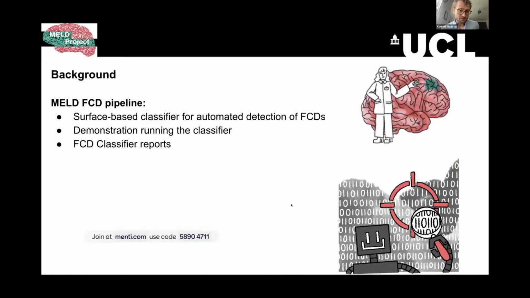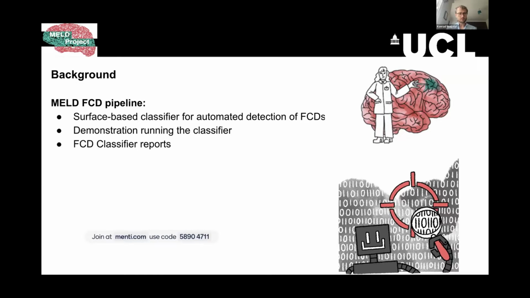So just in terms of what we're doing today, I'm going to give a short introduction to the MELD FCD pipeline, which is a FreeSurfer-based classifier for detecting FCDs. Mathilde has made some really great videos about how to run the classifier through the test data set. I will quickly go through some slides about how to do it on the test data set yourselves.